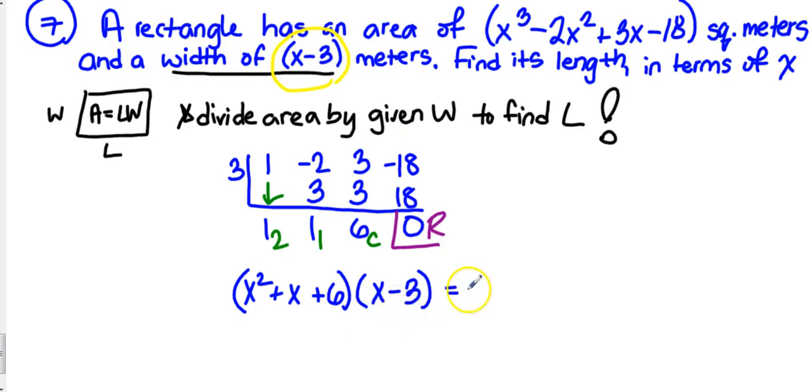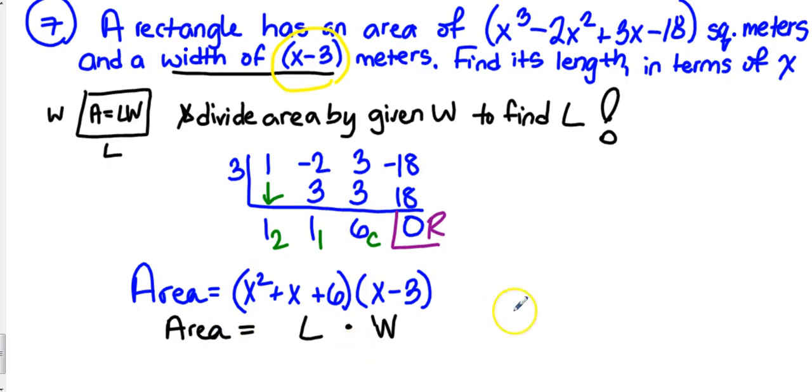So the width is x minus 3, so I was kind of just going to have fun with this and write done. But the reason we're saying we're done is that we were just asked to find the length in terms of x. So area equals, this was the width that I did know, and you just found the length. So the length is x squared plus x plus 6.